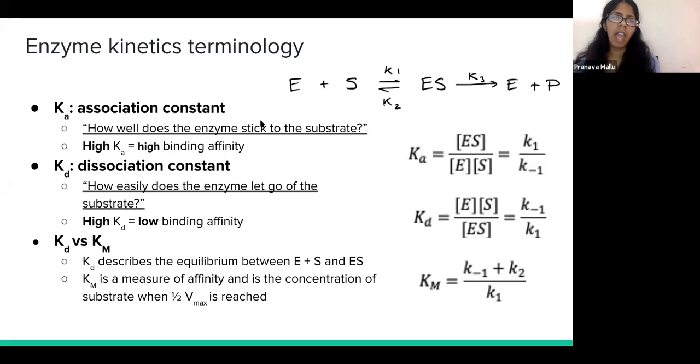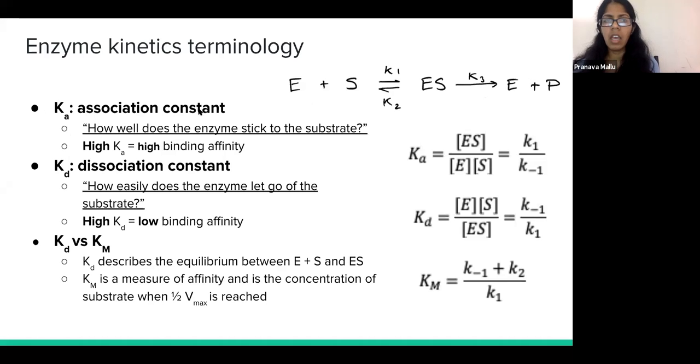So the Ka, Kd, and Km are something that can be confused pretty easily. Just to go over what these are, Ka and Kd are equilibrium constants. Basically, Ka and Kd are opposites of each other. So 1 over Ka equals Kd, and Kd equals 1 over Ka.